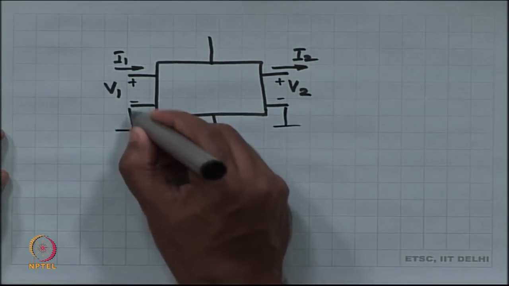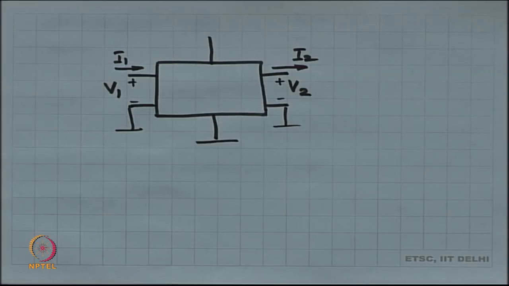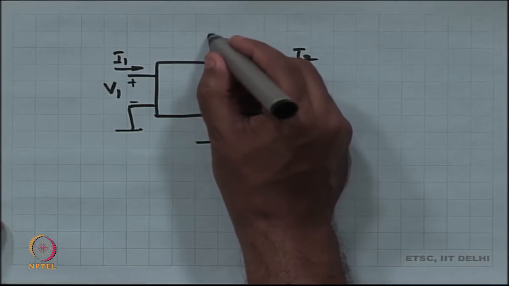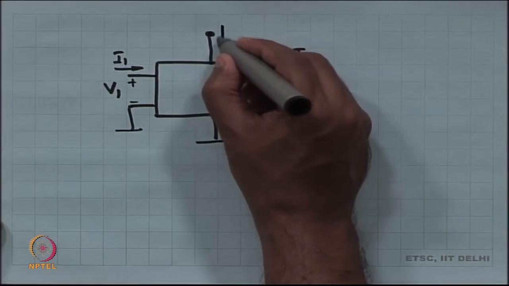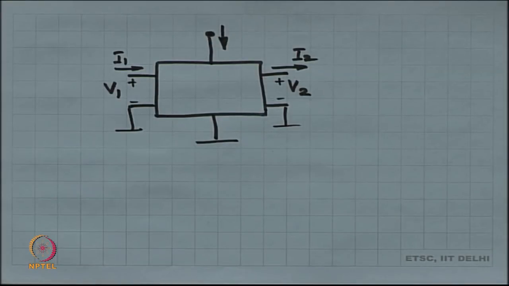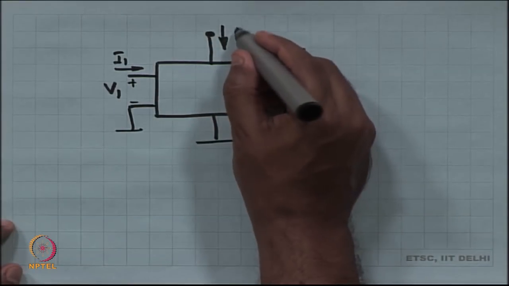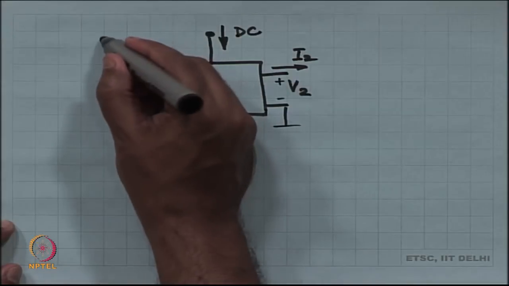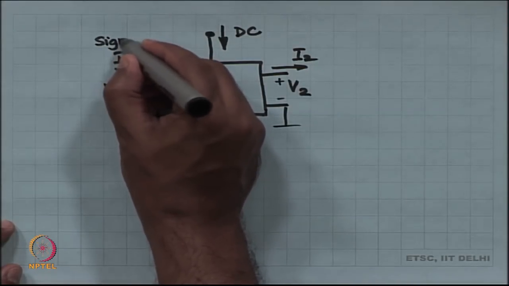Let us say all these are grounded. So, I apply extra power from outside and this power is going to be a DC. This is going to be a signal.